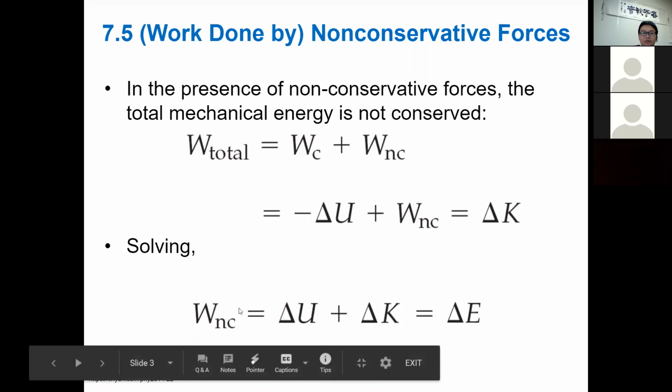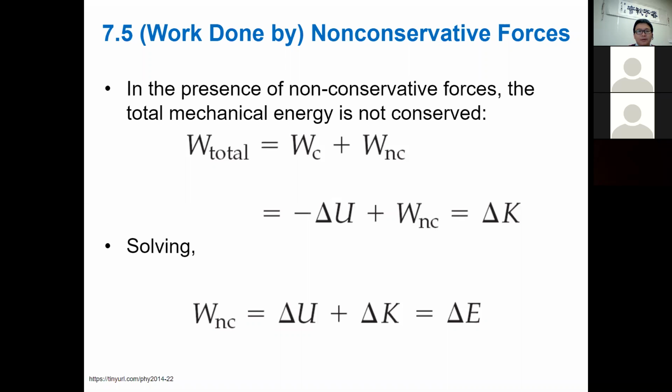So in general, when you have work done by non-conservative force, you can start with this equation. Then we looked at one example on this last time in the asynchronous lecture, and we are going to look at one more example here today.